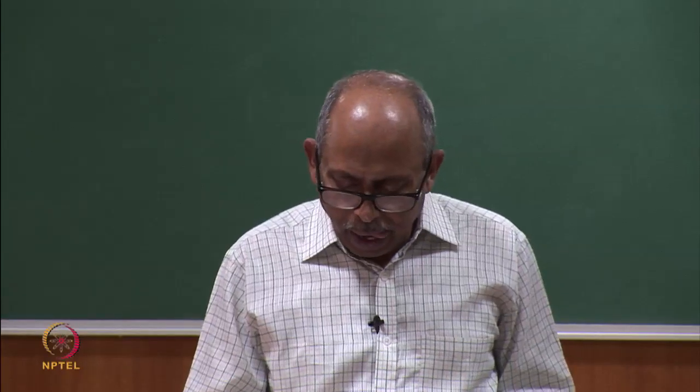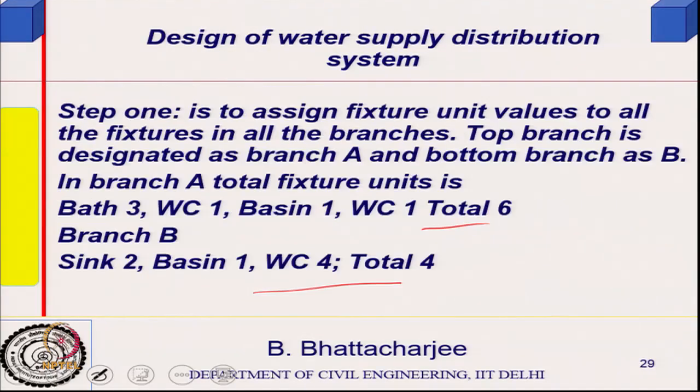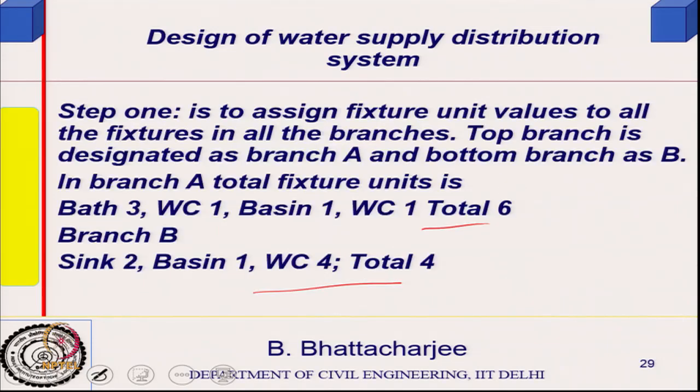To the supply to the main, effective length main is this, this is the main. So, these 4, 2 and 3 are the distances, the spacing basically between water closets and so on and so forth.